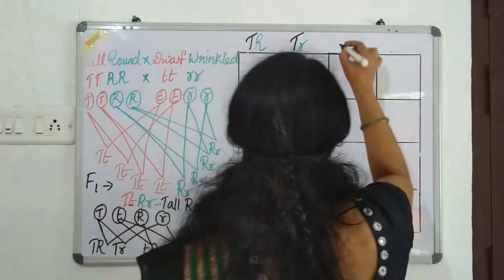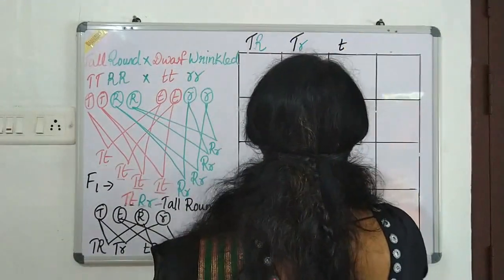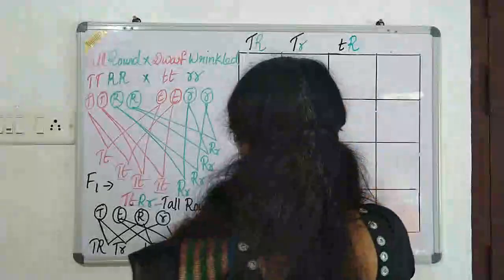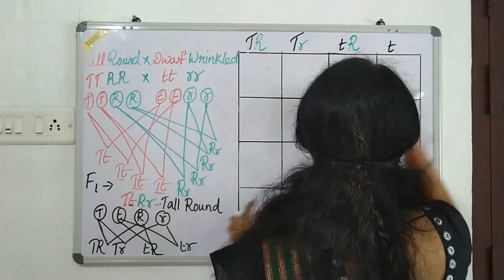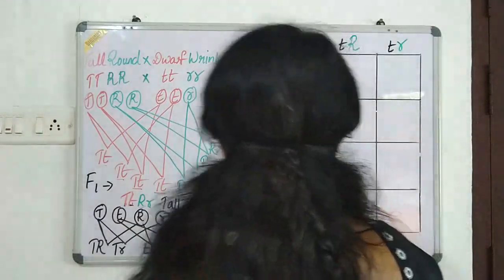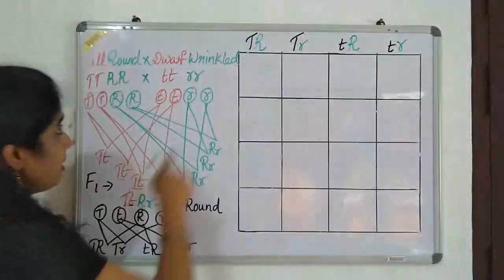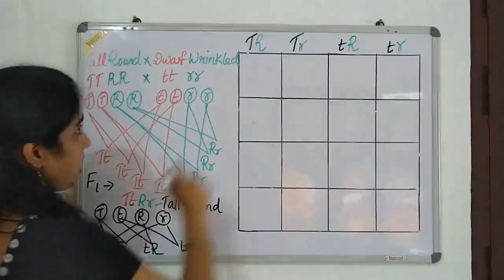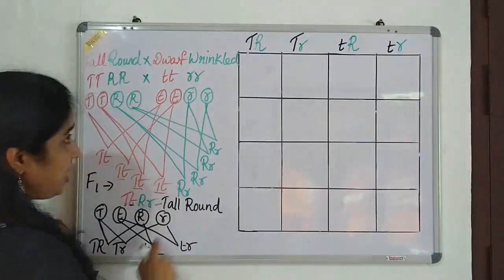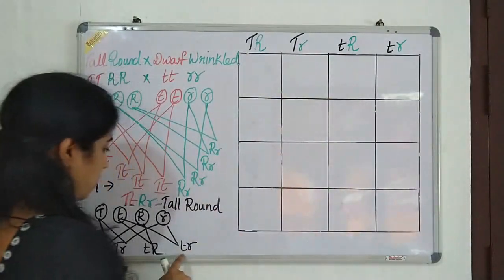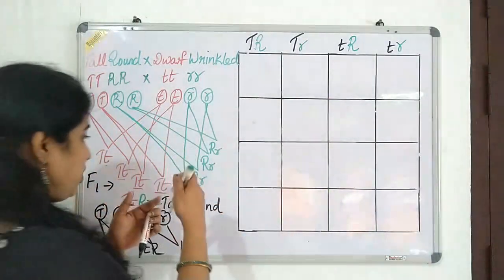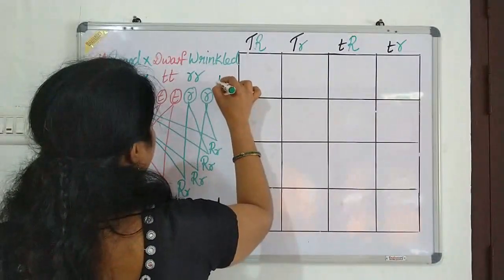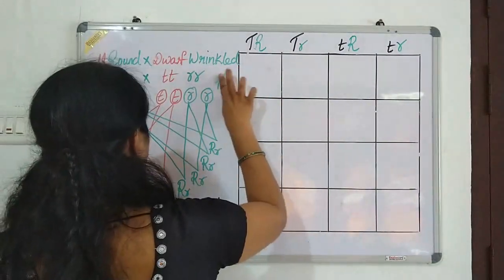Next one, small t, capital R. Last one, small t, small r. See, capital T, capital R, capital T, small r, small t, capital R and small t, small r. As both parents are the same, we can just write it again here. This is the father.